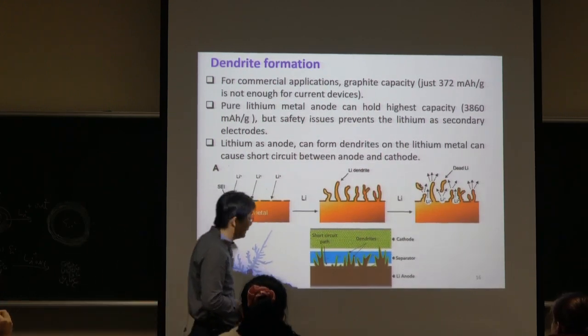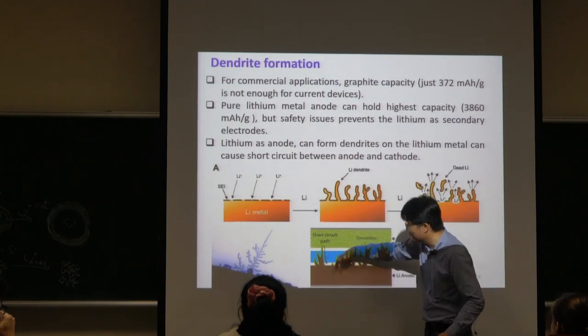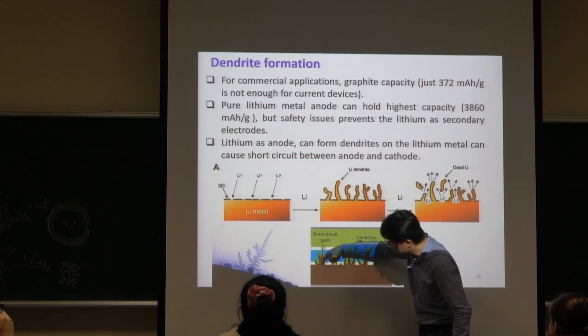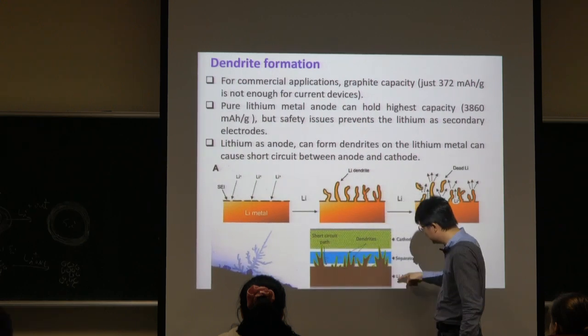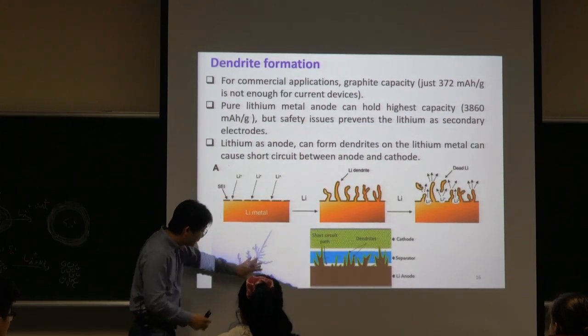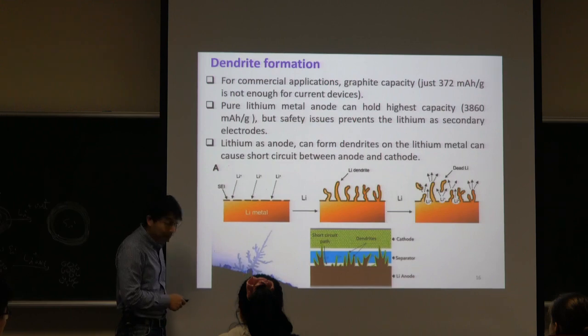But unfortunately, and this is very important, during charge and discharge the lithium will progressively grow on the lithium anode side. This is a cross-section image, because the metal provides a substrate.